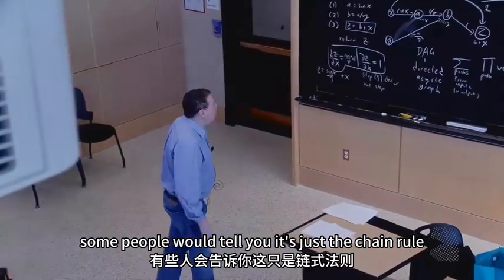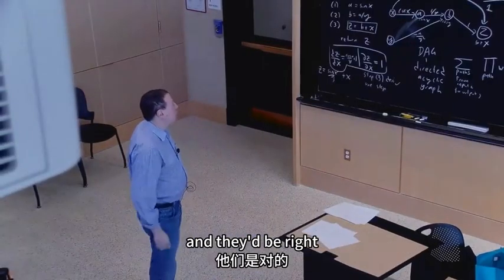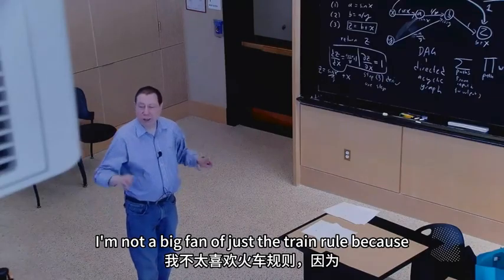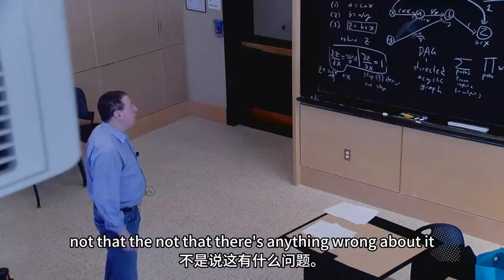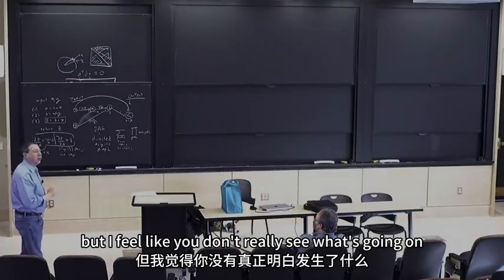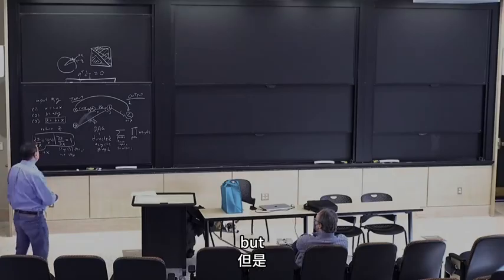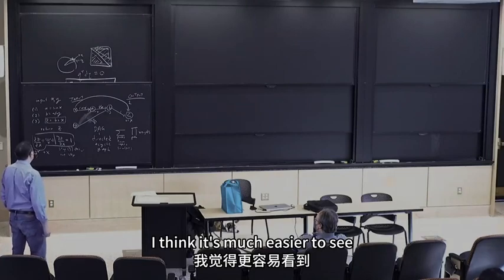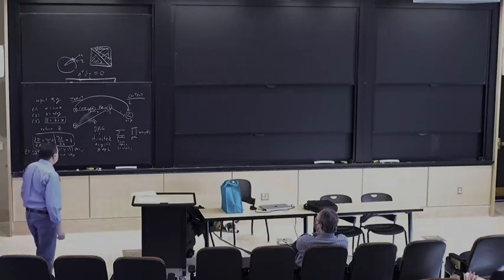That's really what's going on. Some people would tell you it's just the chain rule, and they'd be right. I'm not a big fan of just the chain rule, not that there's anything wrong about it, but I feel like you don't really see what's going on if you just say that. If you look at it on the computational graph, I think it's much easier to see.